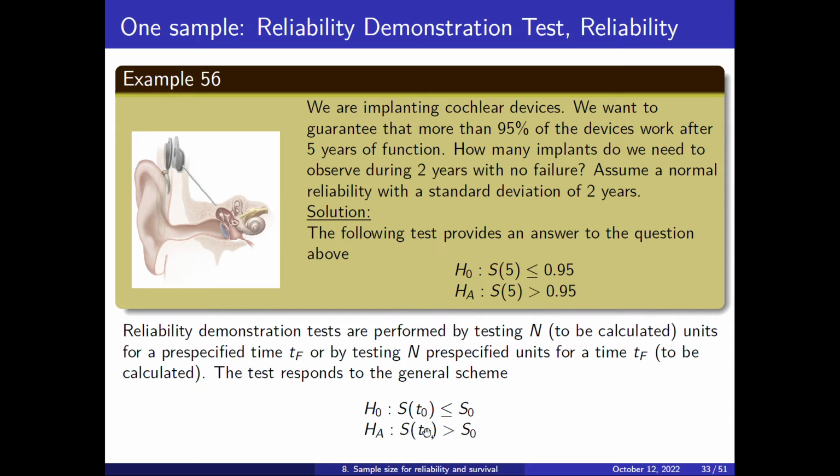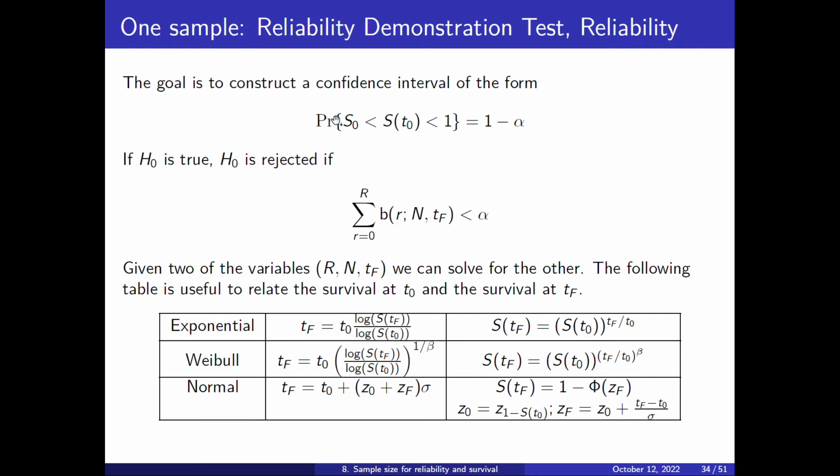We want to show that the survival rate after a time t0 is larger than something, and the null hypothesis is the opposite. But we will track the units not till t0 but till tf. We want to construct a confidence interval of this form, and the null hypothesis is rejected if this sum, the same one that we had before, is smaller than alpha.